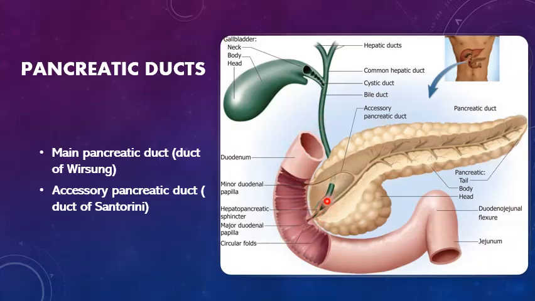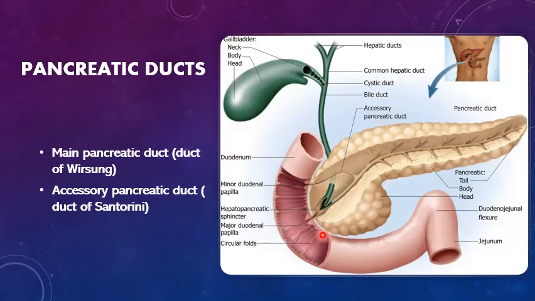The ampulla of Vater is also called the hepatopancreatic sphincter. The major duodenal papilla is located on the second part of the duodenum, about 8 to 10 centimeters distal to the pylorus. So this is the normal thing. Occasionally you may see that the main pancreatic duct and the bile duct open separately, with two separate openings into the duodenum.